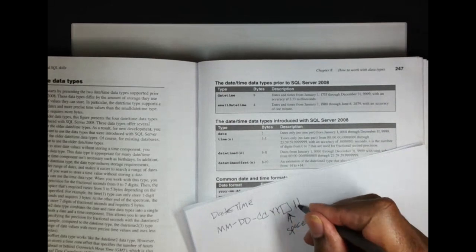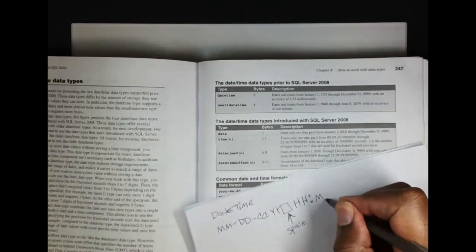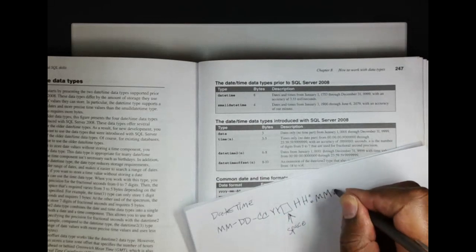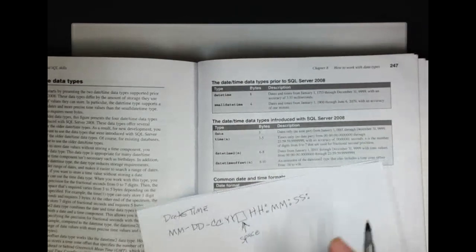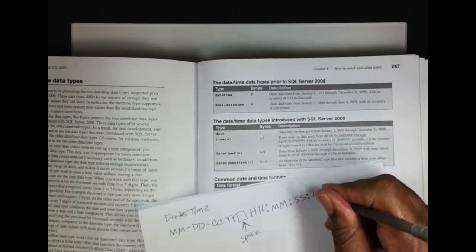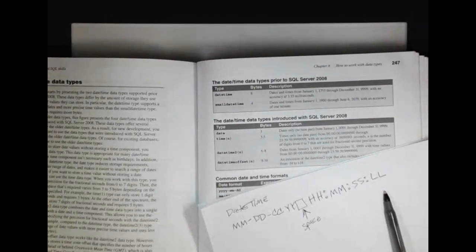Then you would list the 2-digit hour, 2-digit minute, 2-digit second, and then you would list the 2-digit millisecond, and I'll just use L to represent milliseconds. So this is how the date time would be stored.